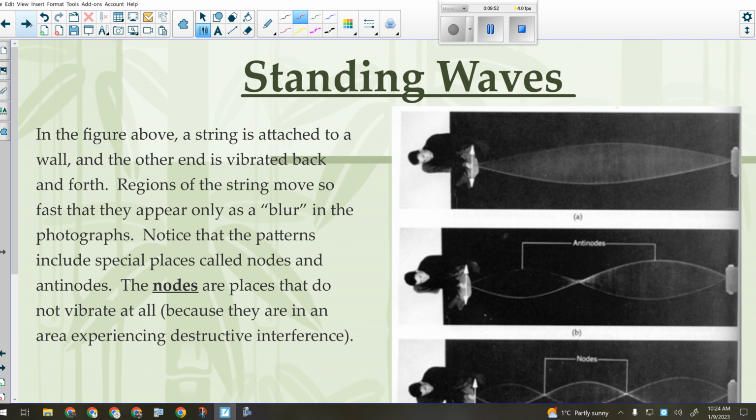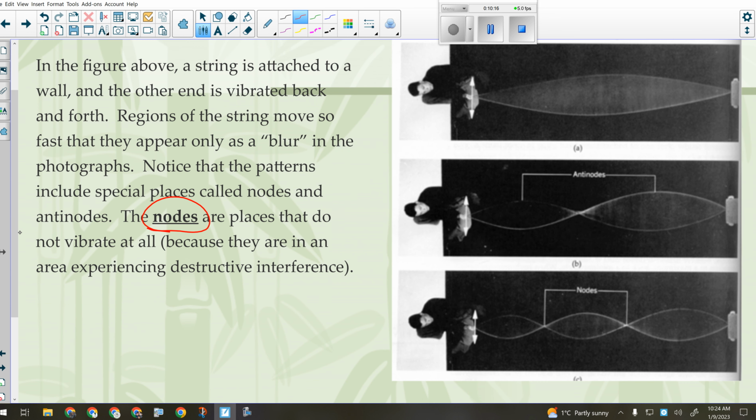So this is what we did. Obviously, we made these. The terminology that we have to learn is the term for the areas of constructive interference and the term for the areas of destructive interference. Any place where the displacement is 0, that is, it's not moving, where destructive interference is occurring, is called a node. So these points right here, here, here, here, and there are all nodes.